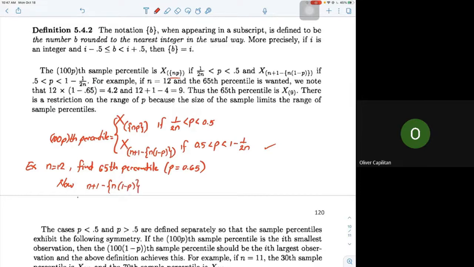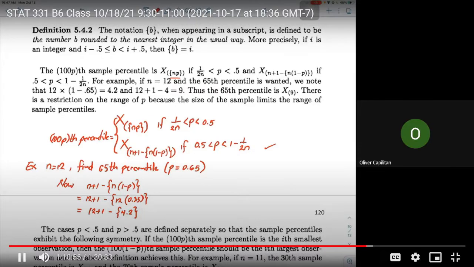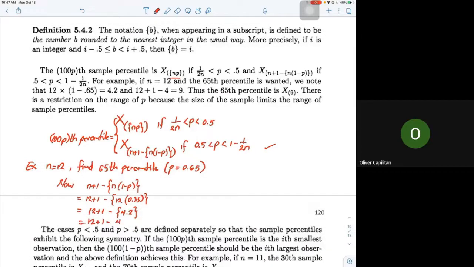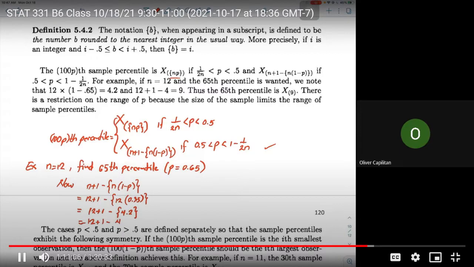So that's equal to 12 plus 1 minus the quantity n times 1 minus 0.65, that's actually 0.35, so we have 12 plus 1 minus 4.2. It's enclosed by our set braces, and according to our definition it is rounded to an integer in the usual way.